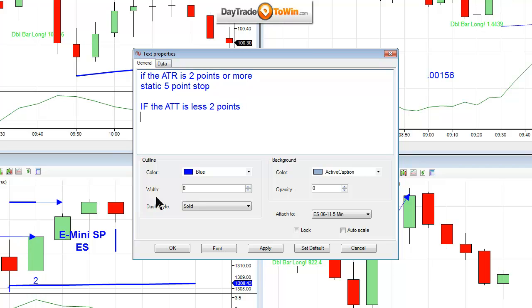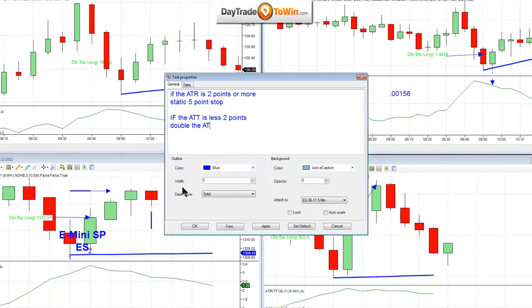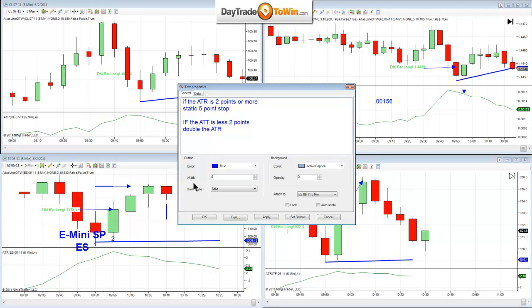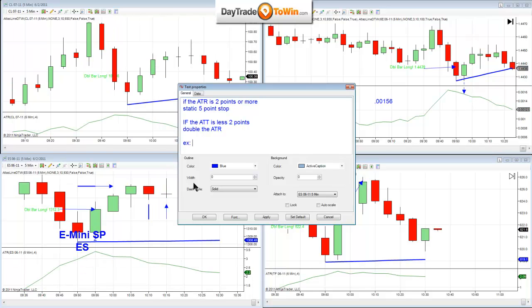It's overkill. So all I do is double the ATR, and that's my profit target. So if the ATR is, say, 1.5 points, there's no need to have a large stop. 3 points is max. Okay?